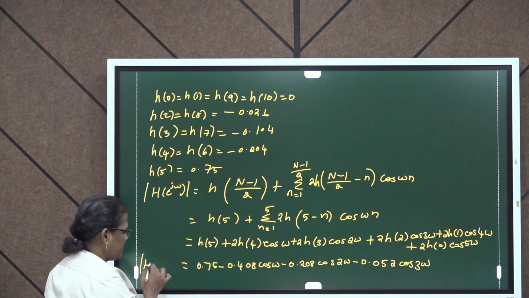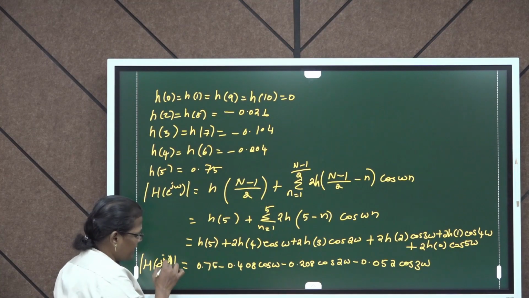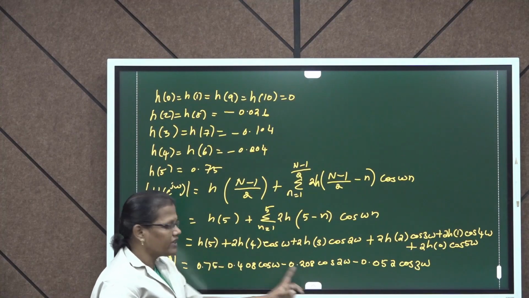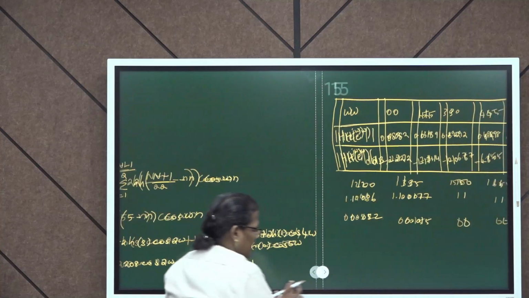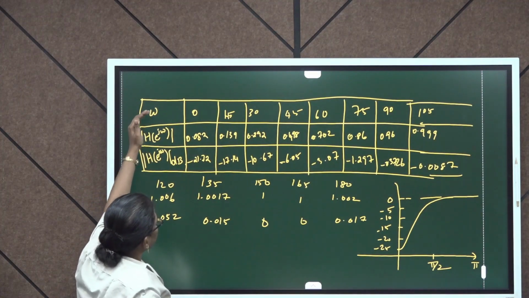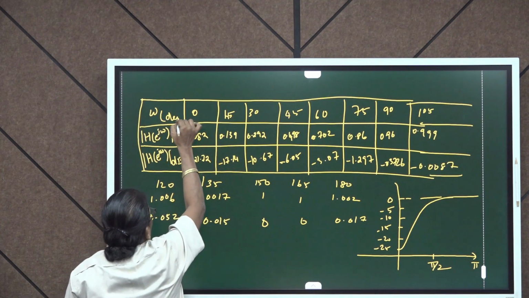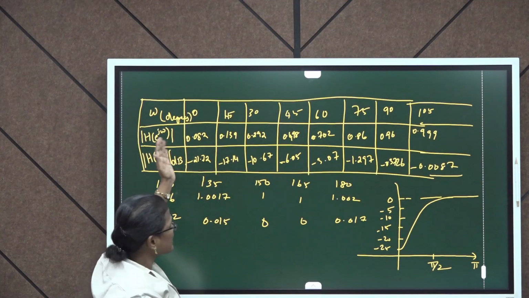In this equation, we get the magnitude response that depends only on the frequency omega, no other variable here, only omega is the variable. So we take a table. In this, we substitute different values of omega in degrees. Omega in degrees you take, this is our choice.